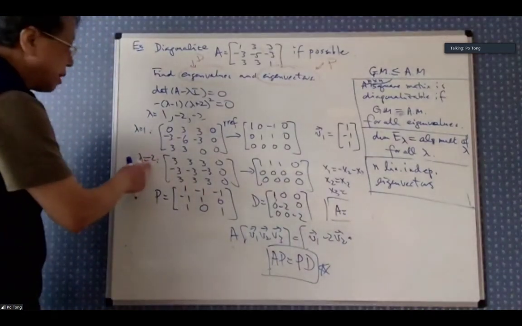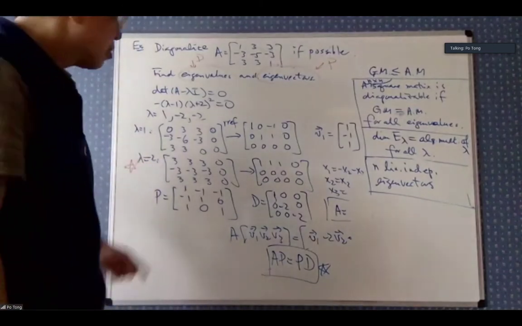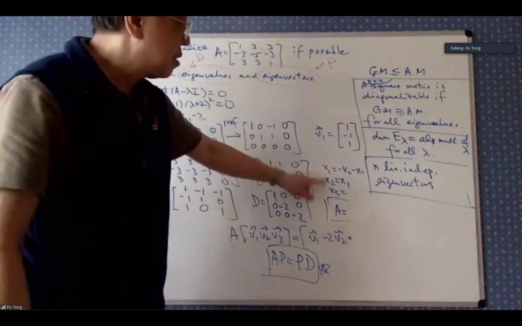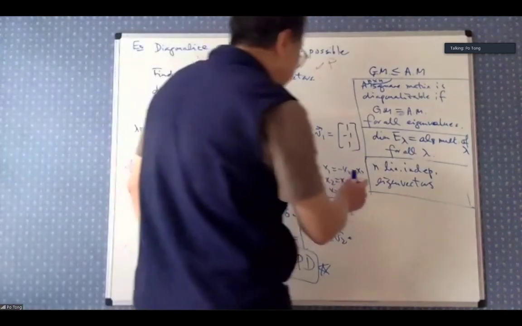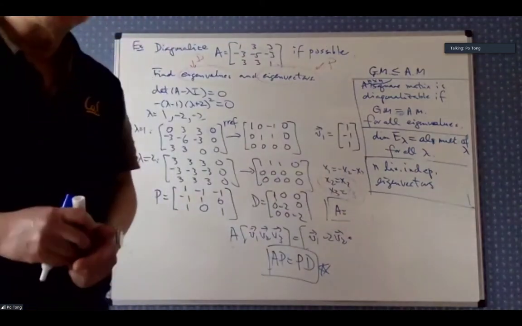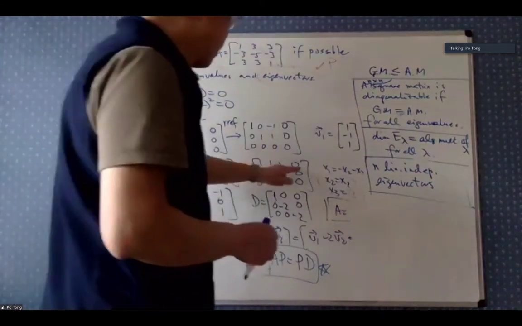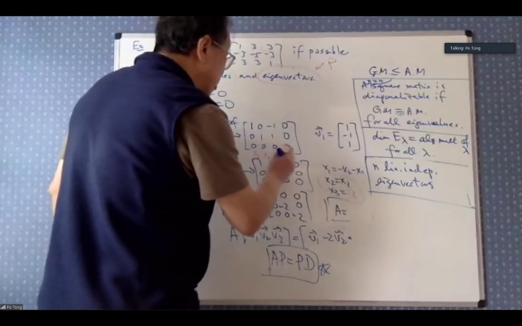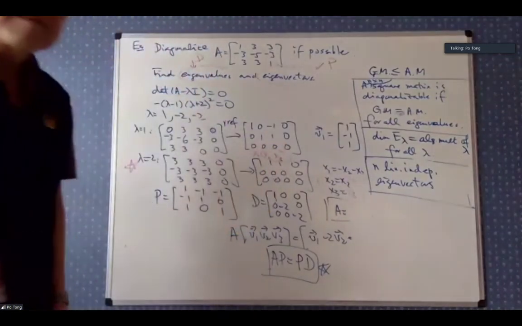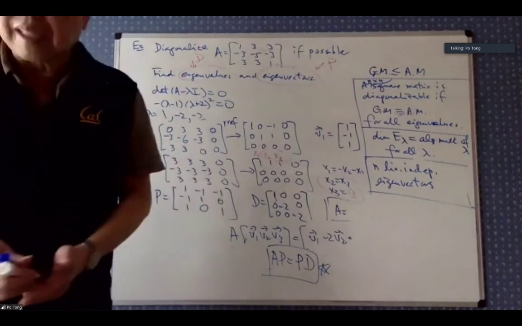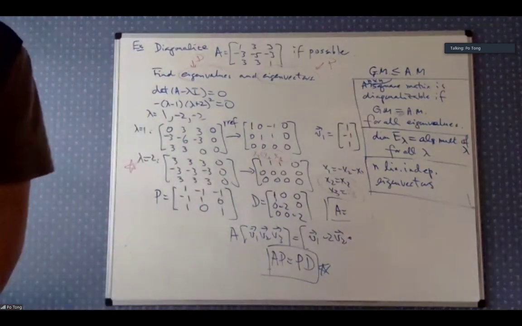Because the multiplicity is 2, we are looking for 2 free variables, which we do have. We have the free variables x2 and x3, because only one of these lines is useful. So both of these are free. Okay. I'm going to give you an example where it's not diagonalizable.